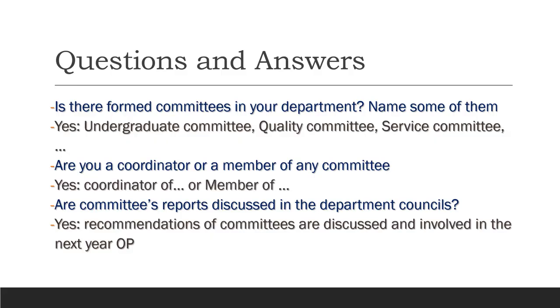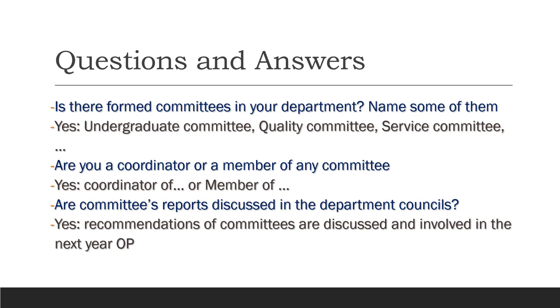We have a quality committee, which is responsible for quality issues in the program, a service committee, and so on. Are you a coordinator or a member of any committee? Of course, every faculty member should be a member of a committee at the department level, at college level, or even at institutional level.